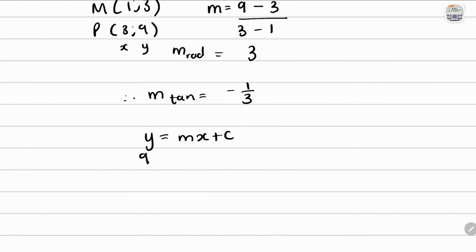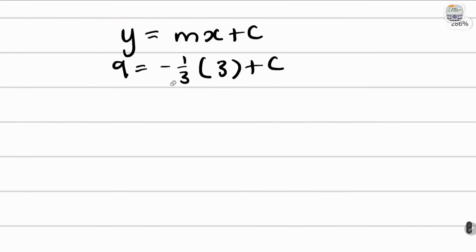And we're going to say 9 is equal to, and we have the gradient being -1 over 3, and then the x value is 3, plus c. So we're just solving for c here because we already have the gradient as -1 over 3. So when you multiply these two together, your numerator and denominator cancel and you're left with -1. So that's 9 and you have -1 here.